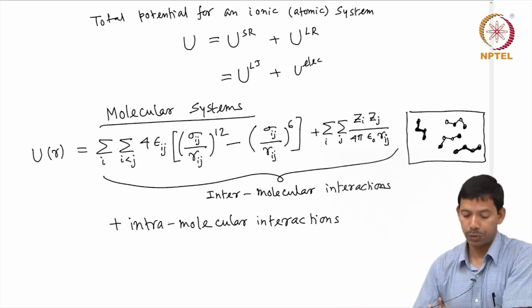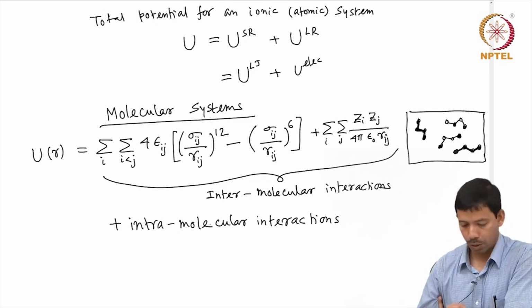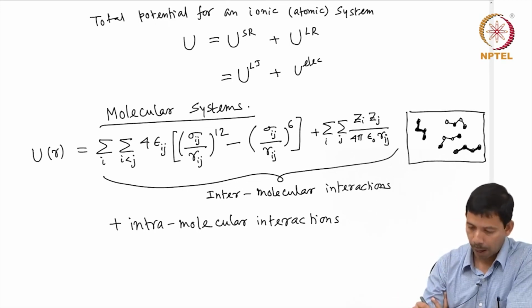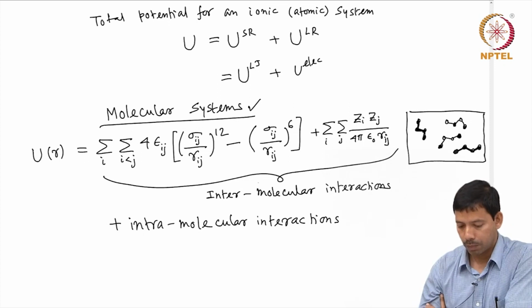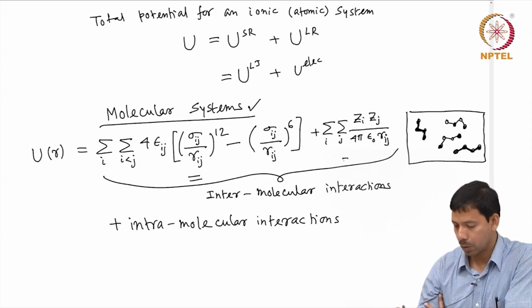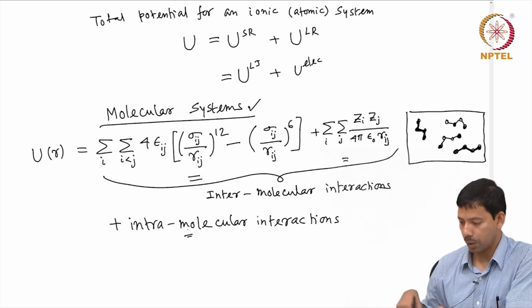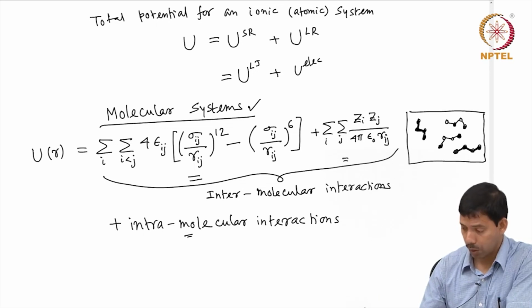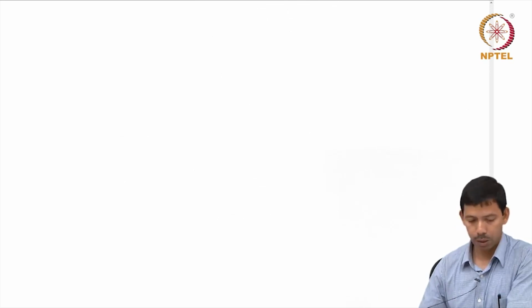So, these are the intramolecular interactions. So, for a molecular system, apart from the Lennard-Jones plus electrostatic, we also have the intramolecular interactions. What is the form of the intramolecular interactions that we need to incorporate in total U here?